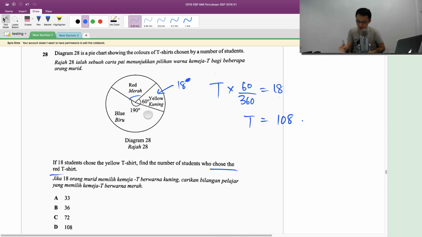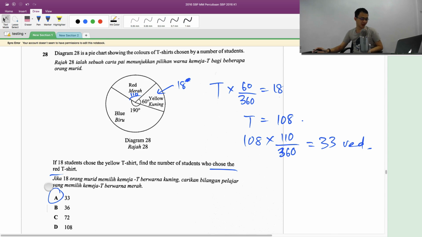So red color, the degree here is 360 minus 60 minus 190. So it's 110. So I use the total 108 multiply 110 over 360. Then I should be able to get my correct answer, which is 33 students, which is red color.